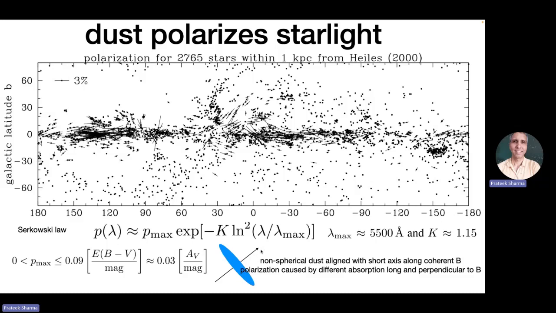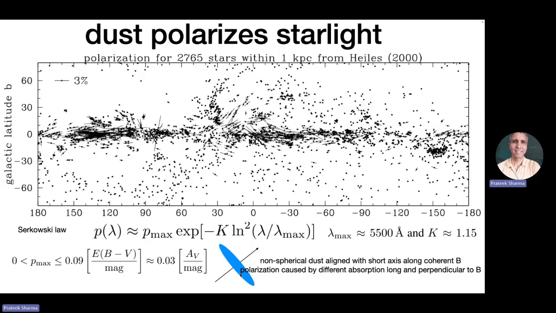This is a cartoon diagram of what may be happening. If you have a magnetic field like this, and this is a dust grain, it aligns like this. The dynamics of dust and how it interacts with the magnetic field is an extremely non-trivial exercise. It can precess, align slowly or misalign. There are radiative torques, and a lot of physics going on in there.